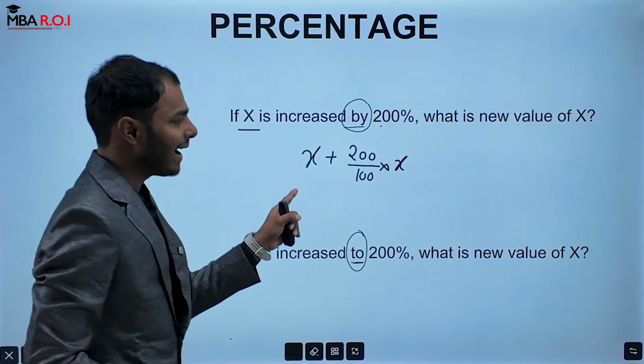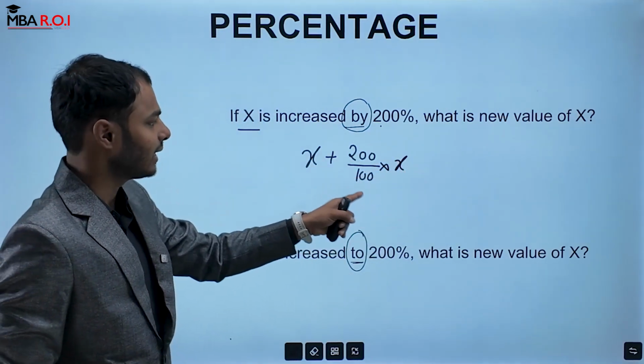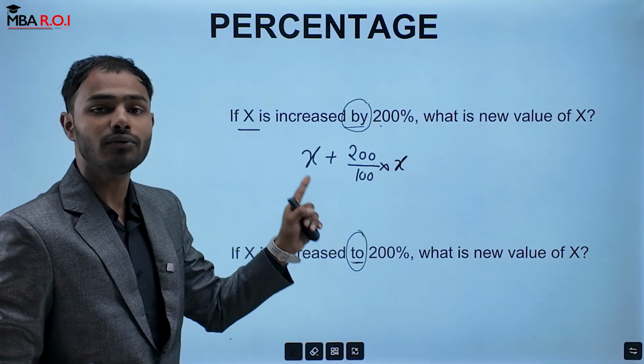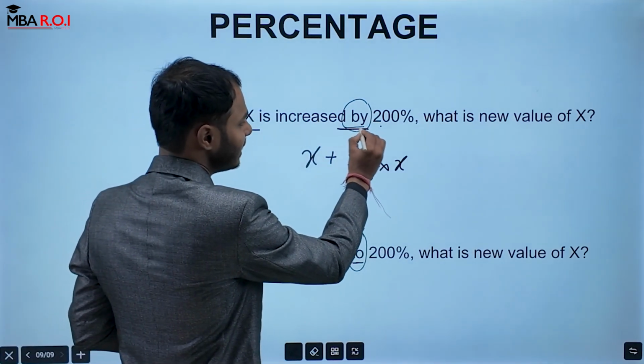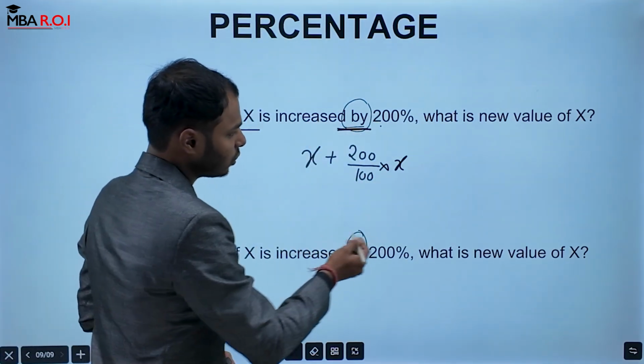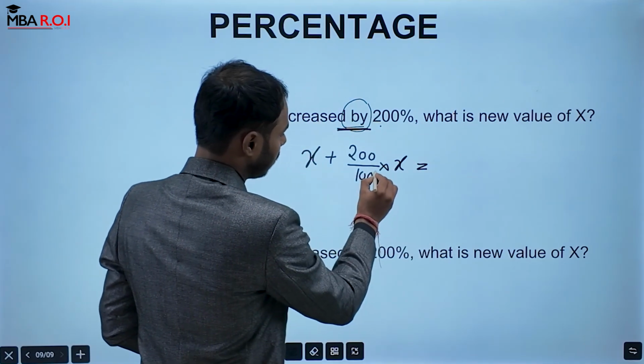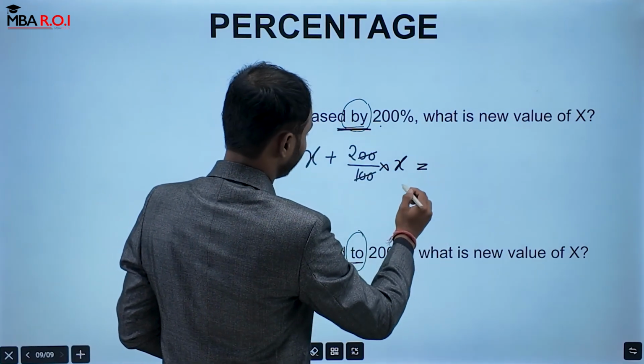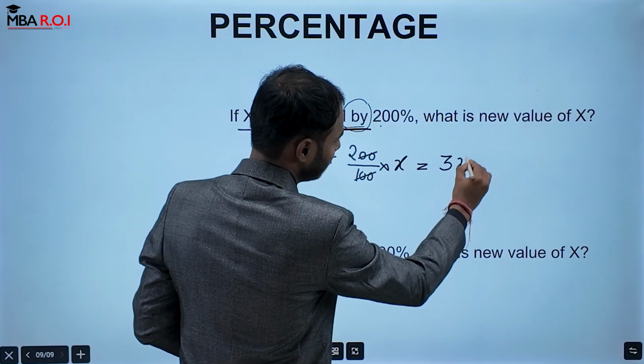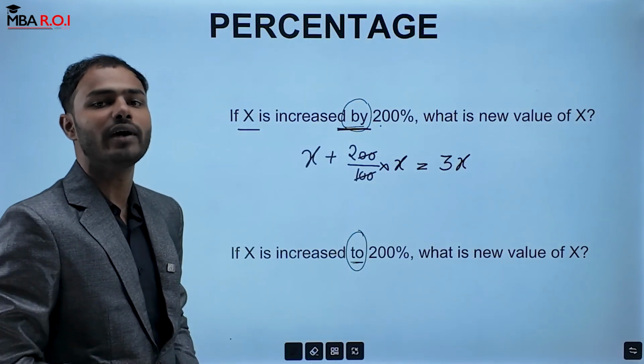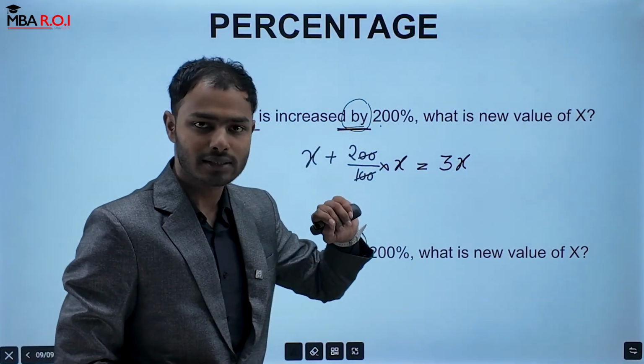So we need to add 200% of x to x. This is what we have to do when we have increased by. So what will be the final answer if you solve? This will be cancelled and finally we will get 3x. The new value will be 3x.